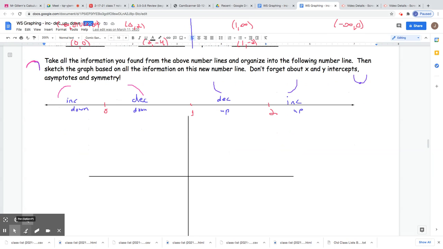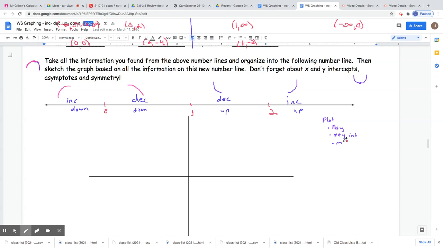All right, now first thing we do once we get to this graph part, whether we're doing a polynomial or we're doing a fraction problem, it doesn't make a difference. The first thing we want to do is plot our asymptotes, if there are any. In this case, we have none. We want to do our x and y intercepts.